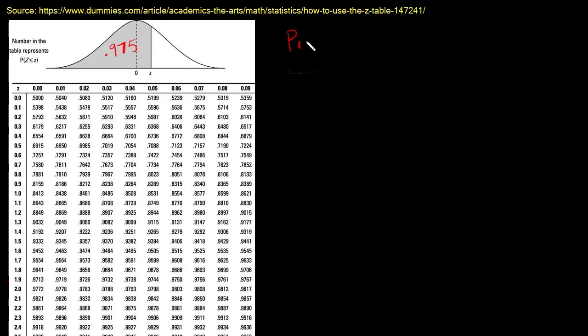So the probability that z is less than whatever that z-value is, that's what I want to figure out, equals 0.975. If we use the table, we would look for 0.975, we would find it here, and we'd say, okay, 1.96. So that z-value is 1.96.